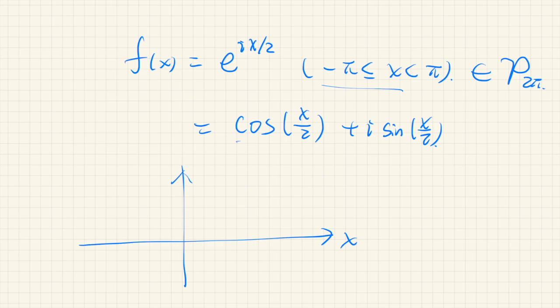So when x is equal to 0, that's 1. And when x is equal to π, then it should be 0. Okay, so this is π, and it looks like this. And negative π looks like this.